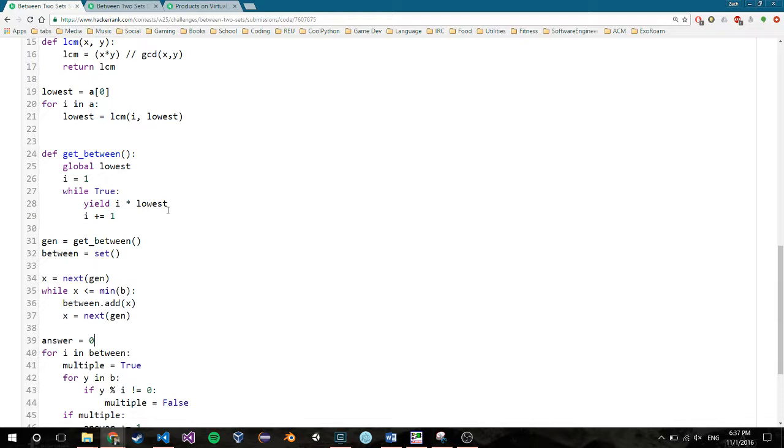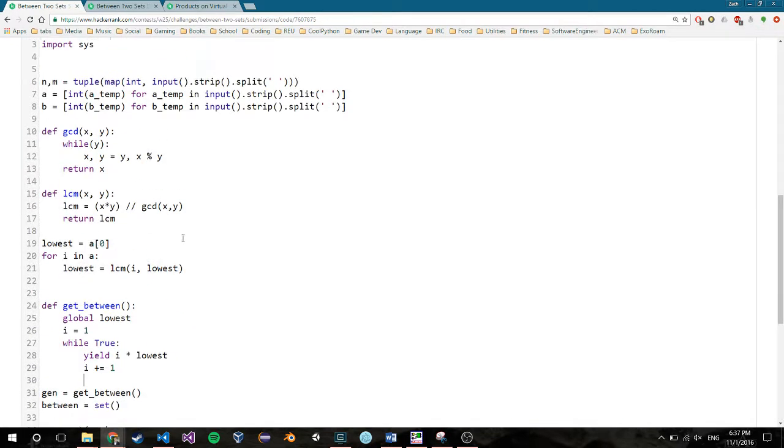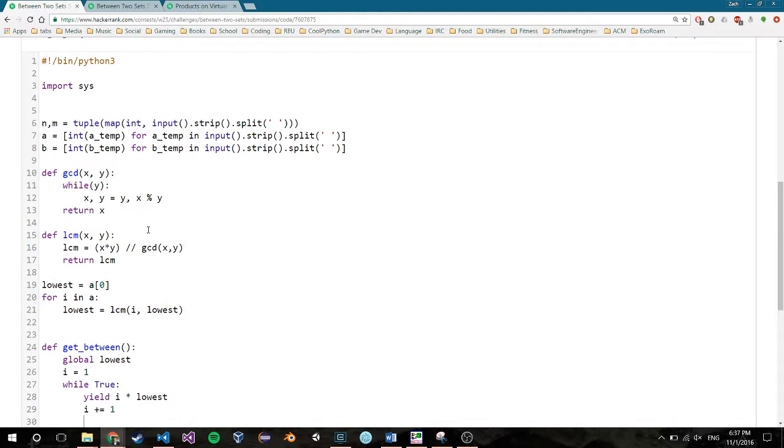What? But it's resetting itself every time. Yeah, that's what it's doing. You do lowest. I don't think I'm even gonna try to change any of this though.